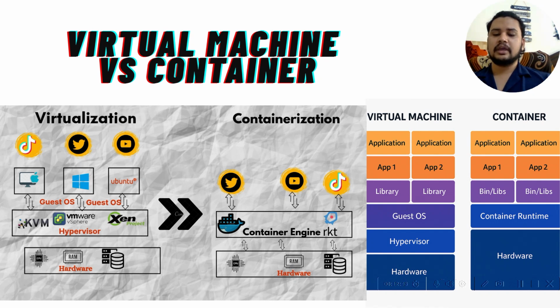That's why containers have become the backbone of modern cloud computing. But the technology didn't stop there. Now we are moving towards serverless services. In a few more years, we will move from containerization to serverless services.